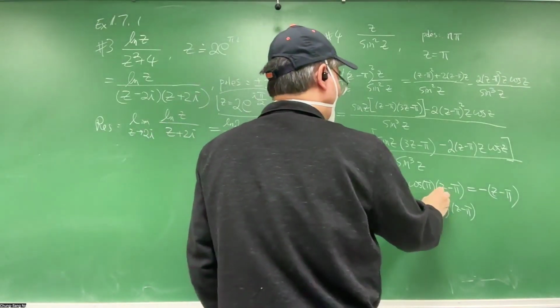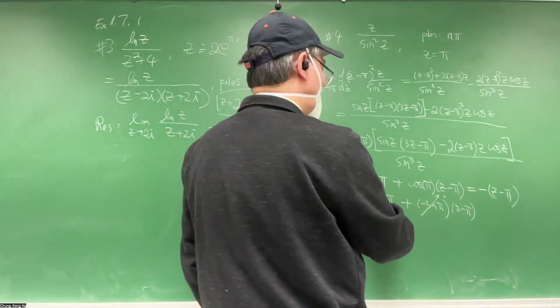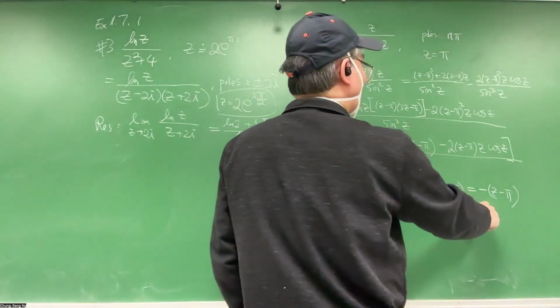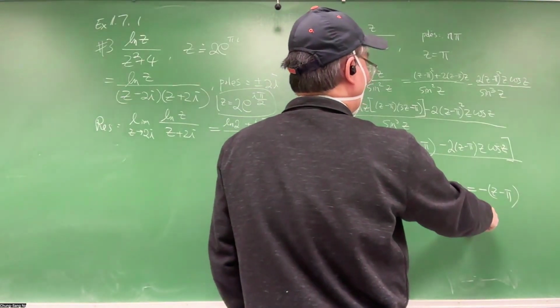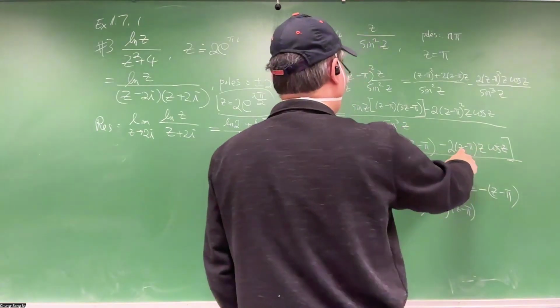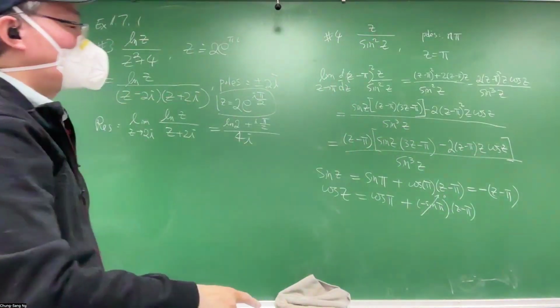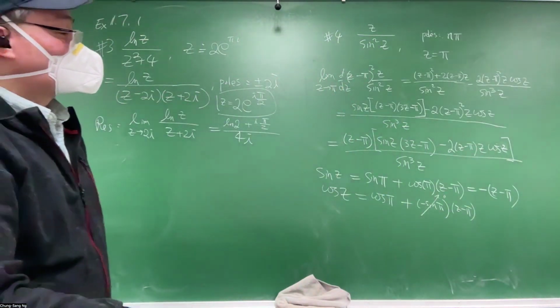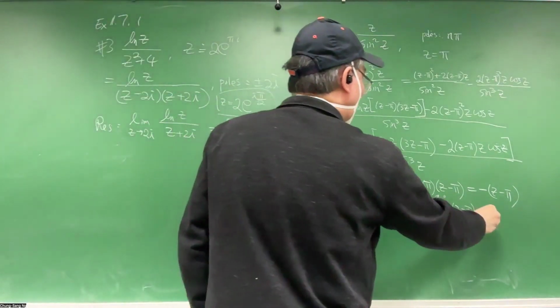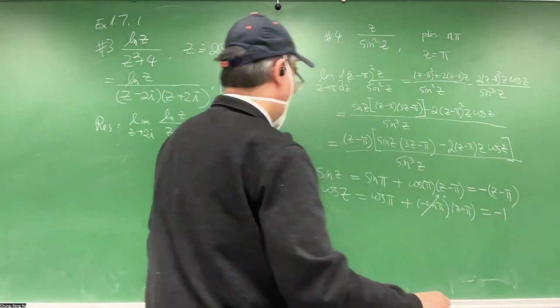So you don't have the linear term, you just have -1. You have the second order term, but that multiplied by (c minus pi) to fourth order would become 0. So you just keep up to -1.